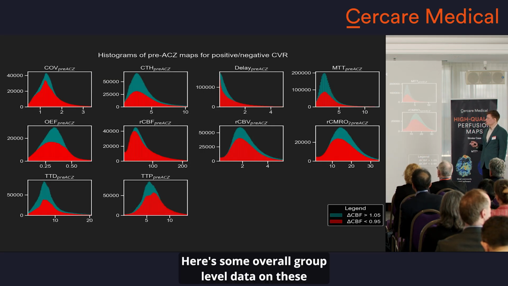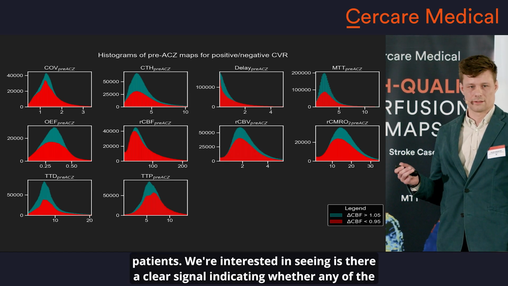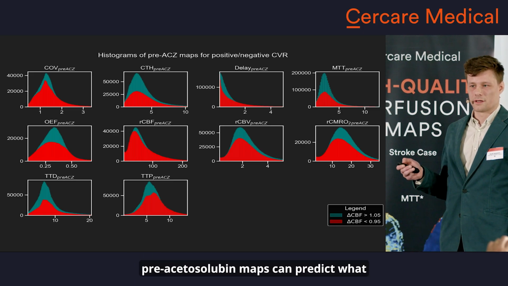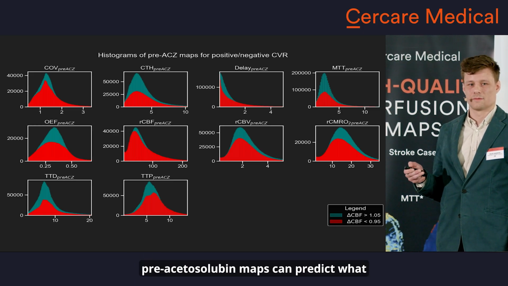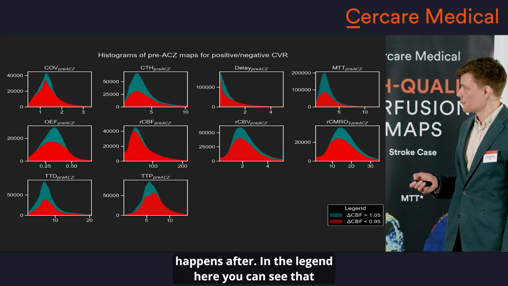So here are some overall group level data on these patients. We're interested in seeing, is there a clear signal indicating whether any of the pre-acetazolamide maps can predict what happens after.